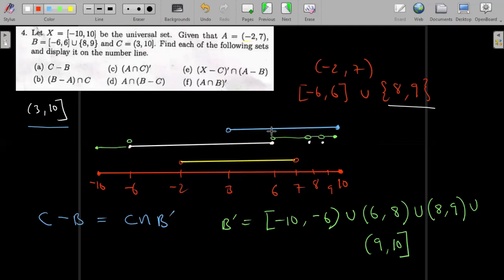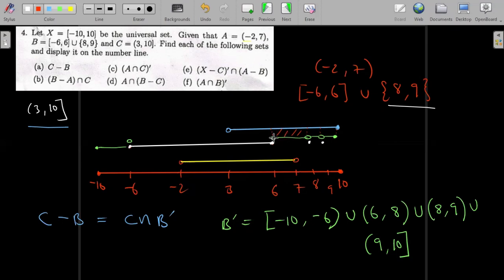So I write a dotted line going there, and another one separating here, there, and there, like that. These elements in between here are the same for both of these sets, for set C and for set B complement.